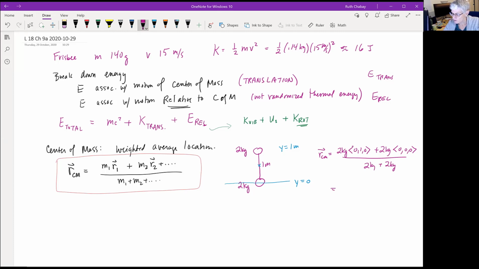And so what we get is 2 over 4 times (0, 1, 0), which is equal to 0.50 meters. Which is basically where we thought it ought to be, right? Halfway up the rod.